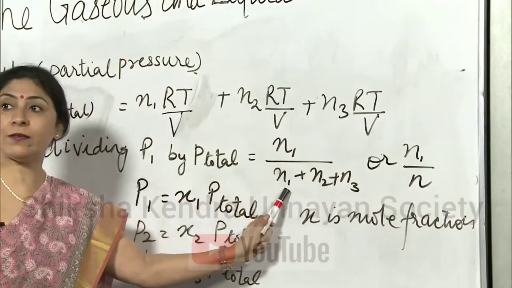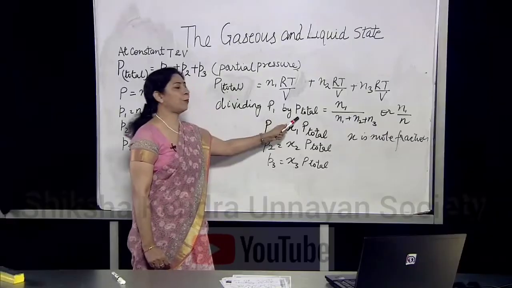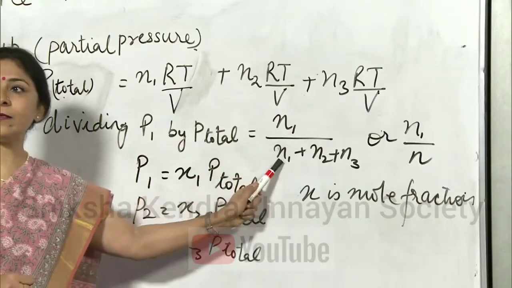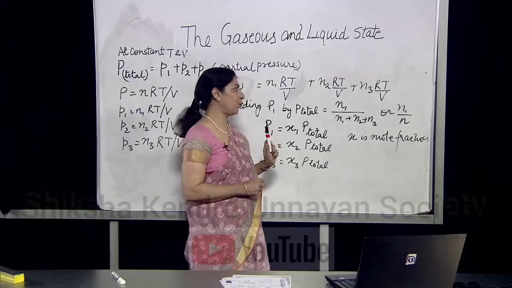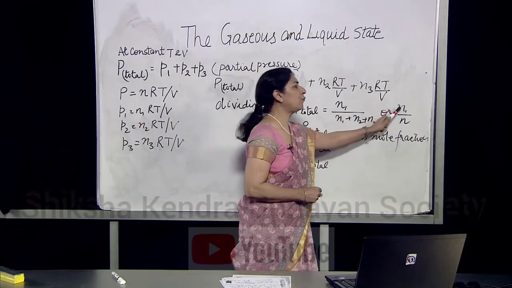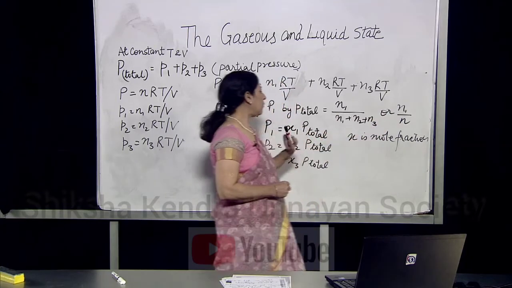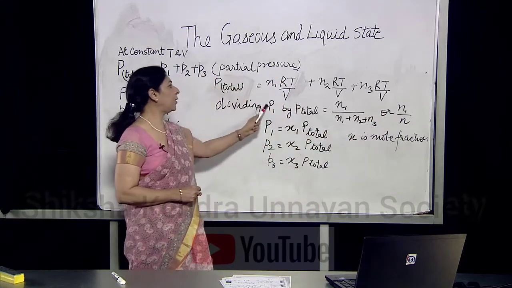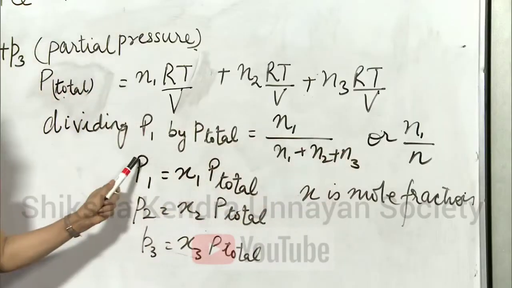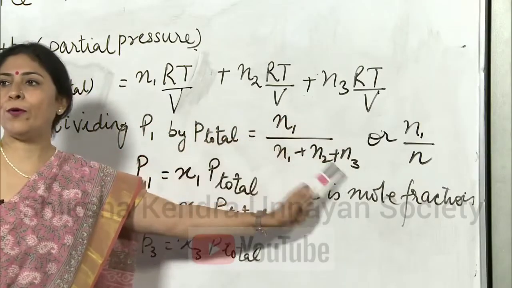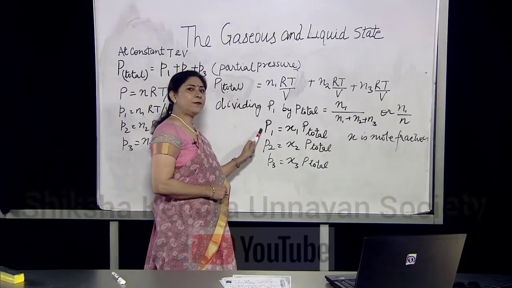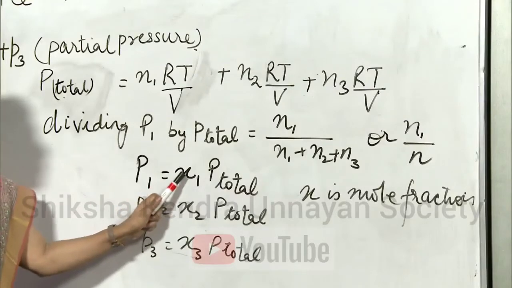How are we going to get this? This is the total pressure, because in the totality we get all the gases with different number of moles. When you add all, we can simply say N1 upon N. For pressure P2 also we can say N2 upon N. For P3 we can say N3 upon N. Now, we can also write P1 is equal to X1 P total.